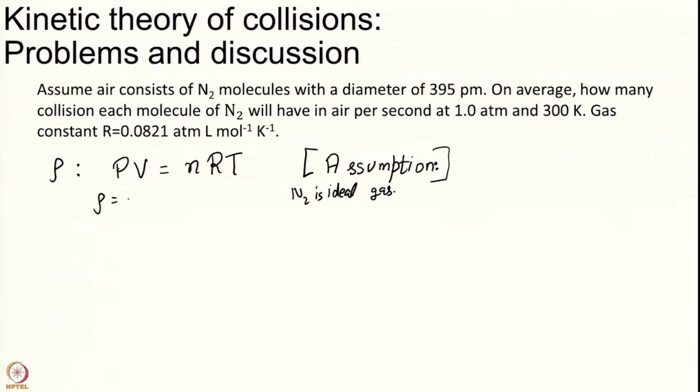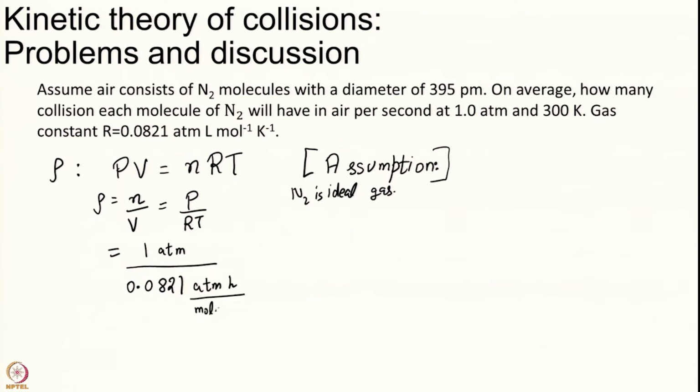So, rho is nothing but N over V, which is nothing but P over RT, which is 1 atmosphere, with R given already in appropriate units, per mole Kelvin, into temperature, which is 300 Kelvin.